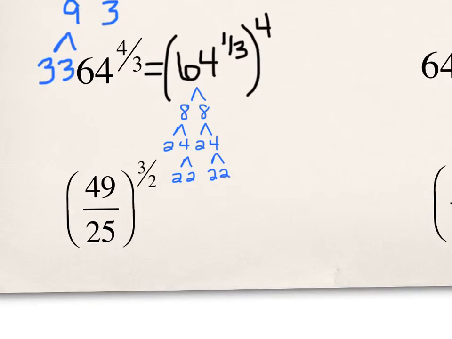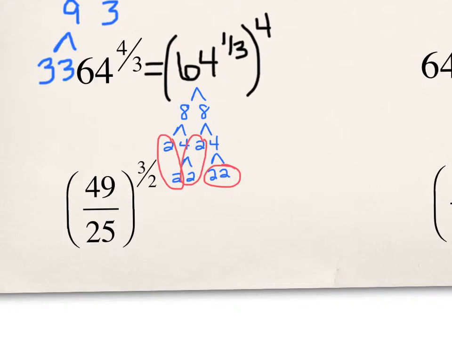Okay? Now, the problem here is I don't want to break my 64 into 6 pieces. I want to break it into 3 pieces. So I need to think about how I can put those factors back together so that I only have 3 groups instead of 6. So to do that, I would put these together, and these together, and these together.